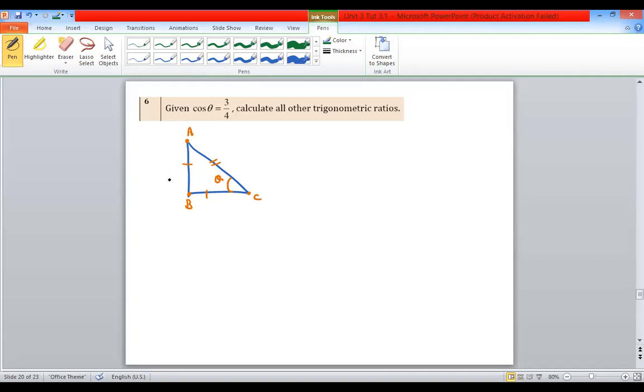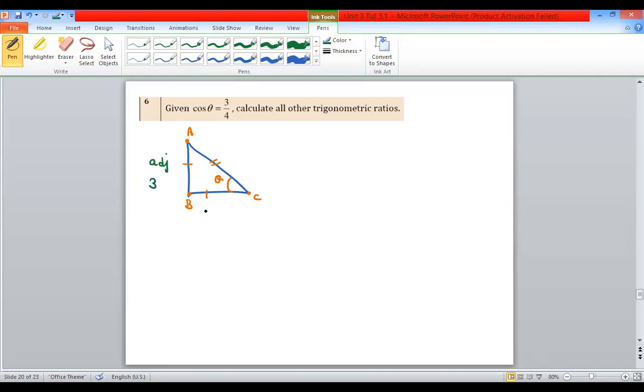So length of AB is what? And length of BC is what? And AC is what? AB is 3. Okay. Right, AB is 3 units because this is the adjacent side.